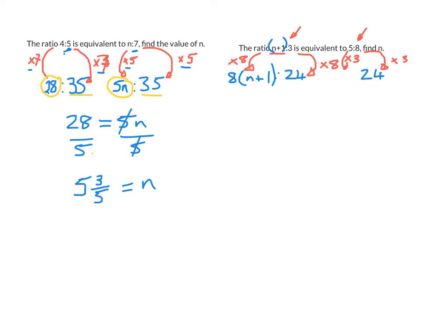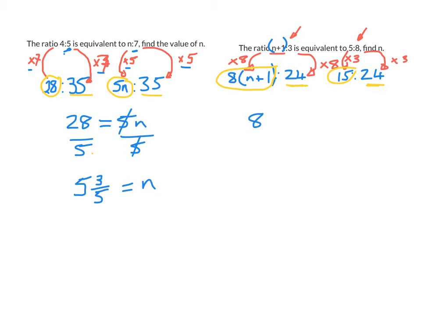So I've ended up with 5 3s, 15. As before, I've got 24 and 24. They are now the same, which means that this and this must also be equal.